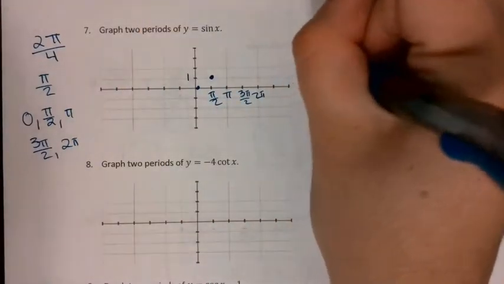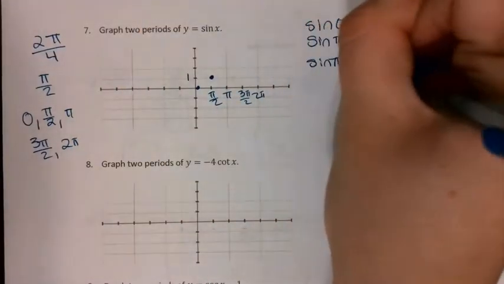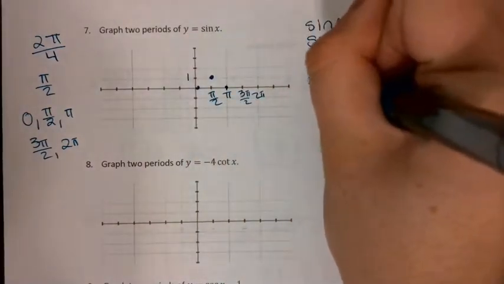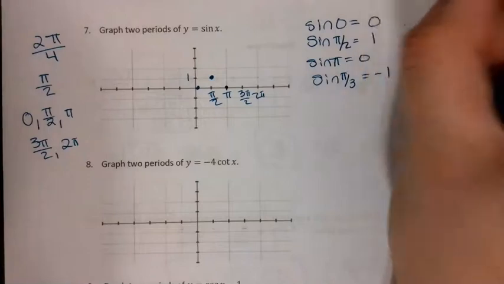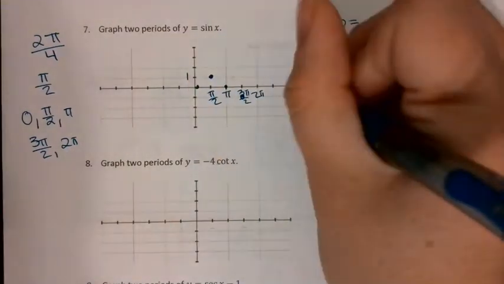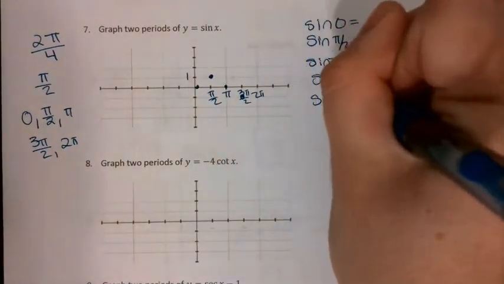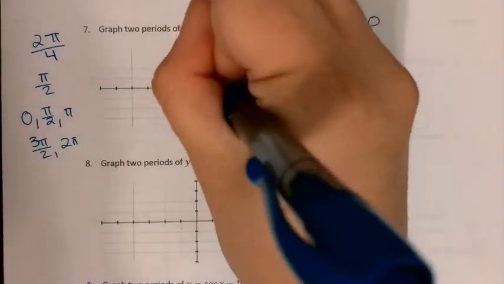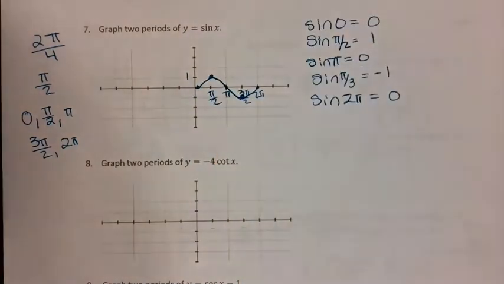I have sine of pi, which is 0. I have sine of 3 pi halves, which is -1. And I have sine of 2 pi, which is 0. So if I connect these, I have 1 period of my graph.